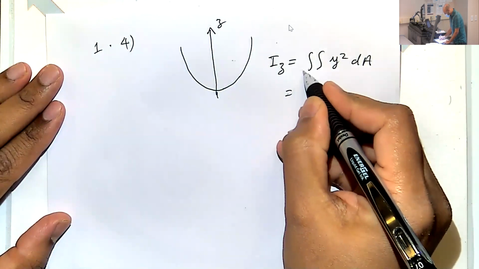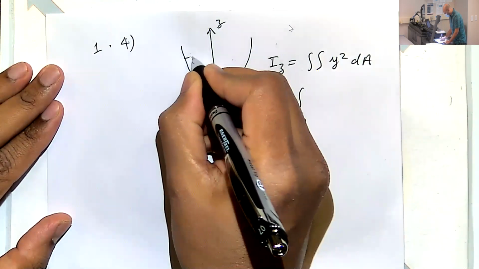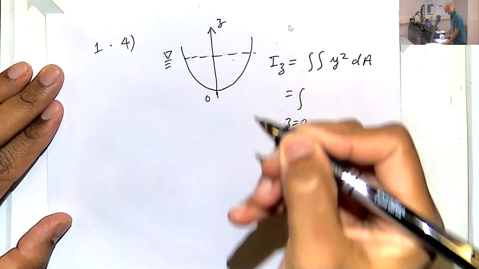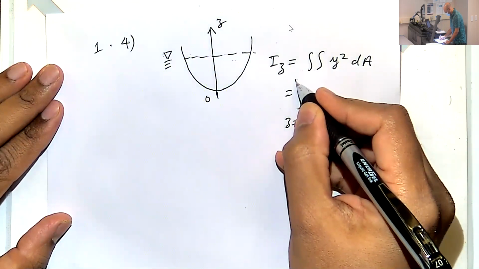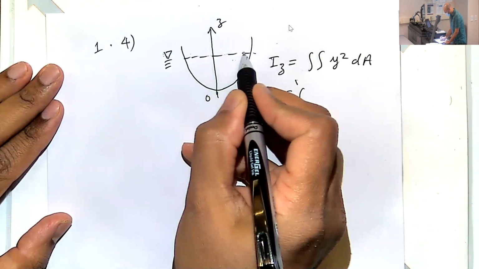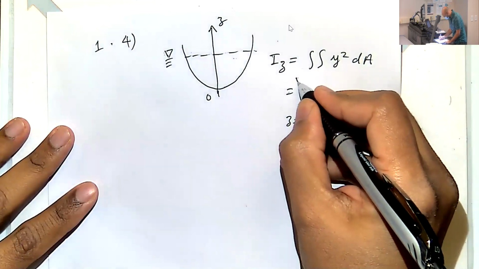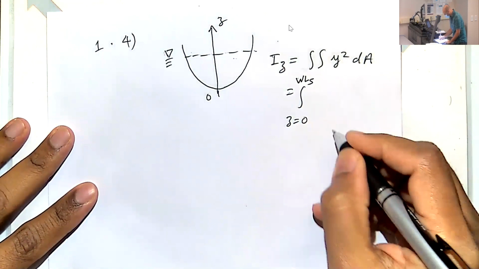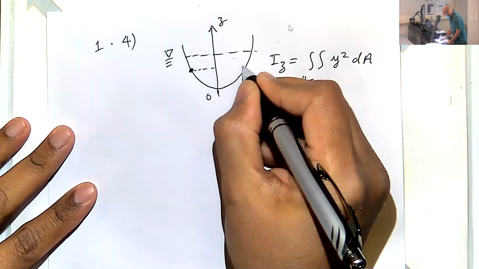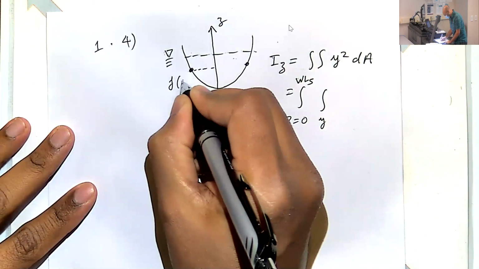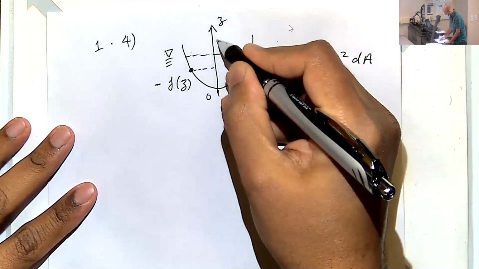Let's say z goes from keel, let's call this 0, all the way up to the waterline. This is given as waterline 5? Okay, so waterline 5 is what I will write. And then y goes from, look at this, you have to go from negative f of what? See, this depends on the z value.